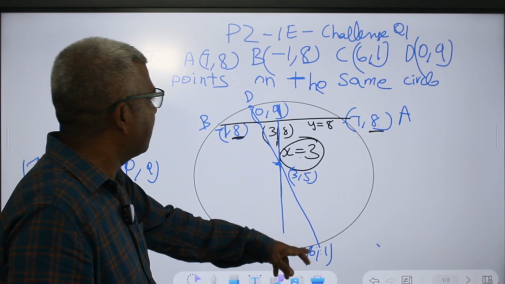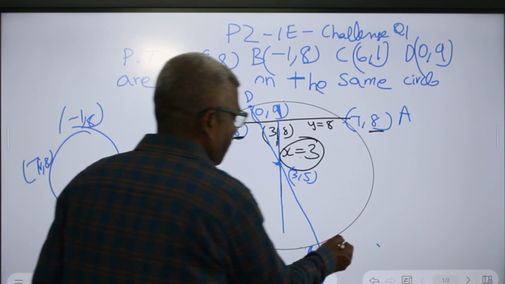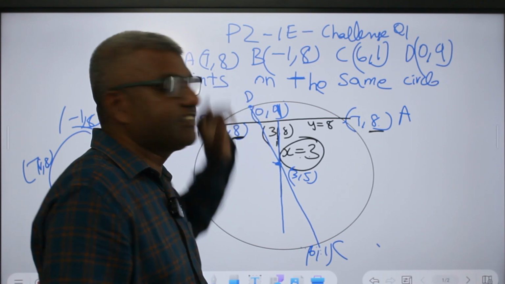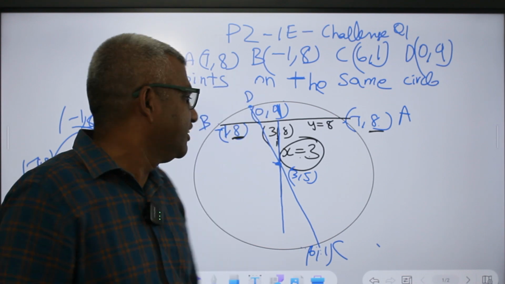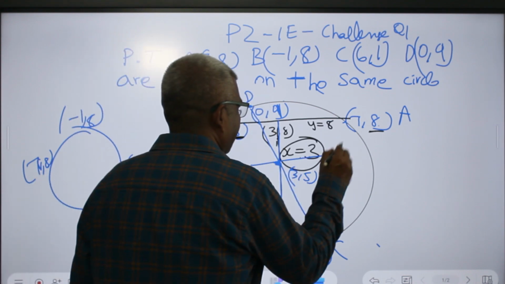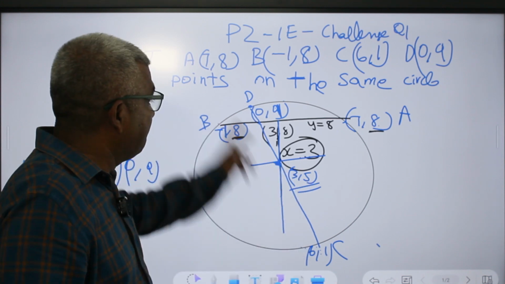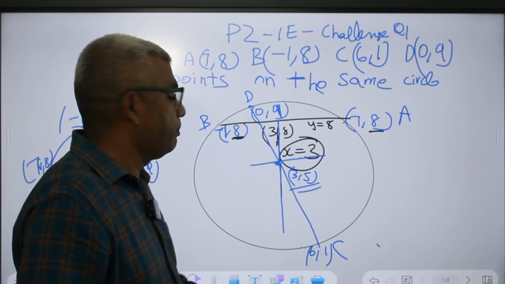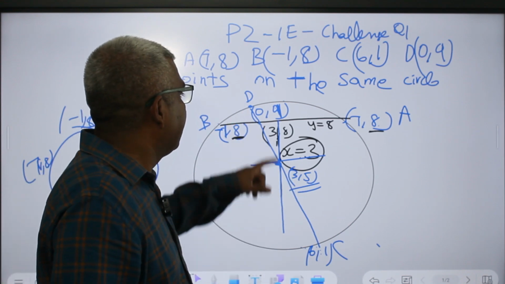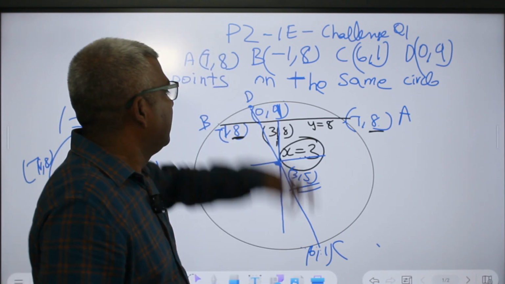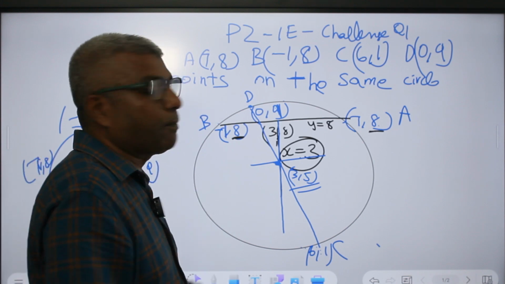Here we are not finding the CD perpendicular bisector, since the chord CD itself intersects the AB perpendicular bisector. So we conclude the center is (3,5). You understand? We have not drawn the perpendicular bisector of CD.